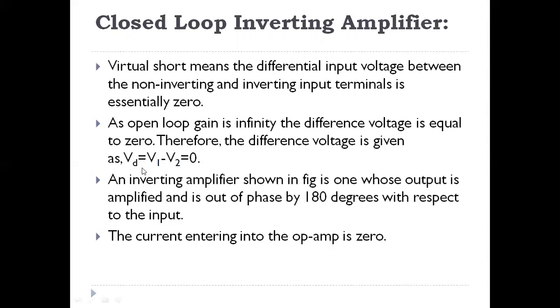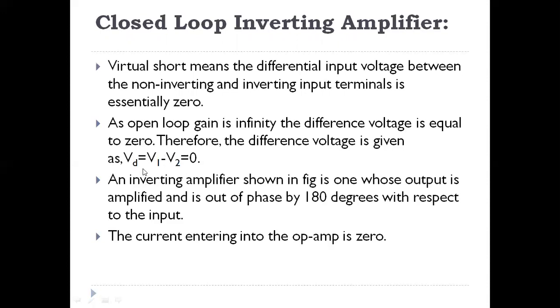So the difference voltage Vd is equal to 0, that means V1 minus V2 is equal to 0, and that implies V1 equal to V2. V1 equal to V2 means the voltages of the inverting and non-inverting input terminals are the same. That concept is known as the virtual ground concept or virtual short concept.